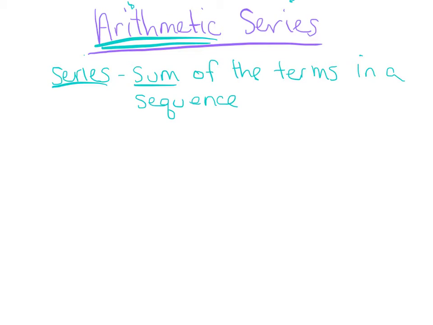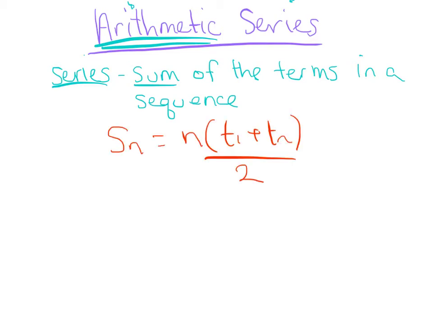We also used our critical thinking skills to come up with a formula for finding the sum of an arithmetic series. And so again, that formula is here. In this formula, this part here stands for the sum of n terms, and you'll fill in some number for that.